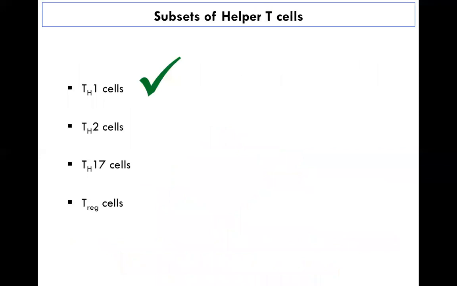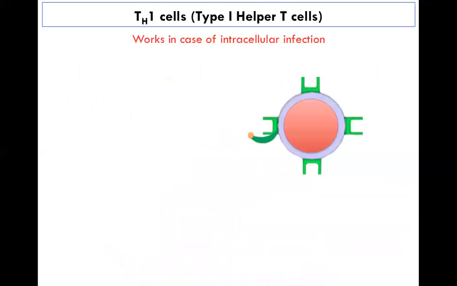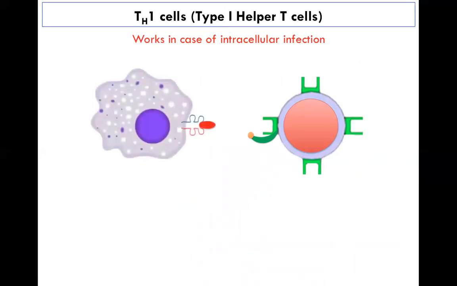So let's start with the first one, that is the TH1 subtype. We will try to develop an understanding of the TH1 cells, or what we call type 1 helper T cells, which work in case of intracellular infection.